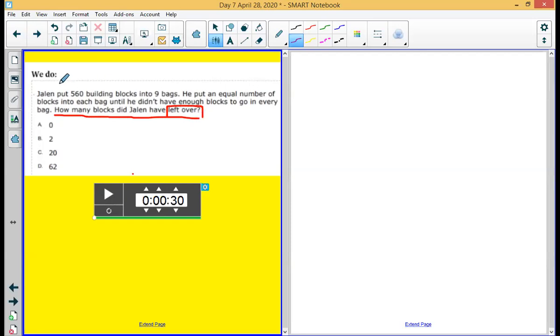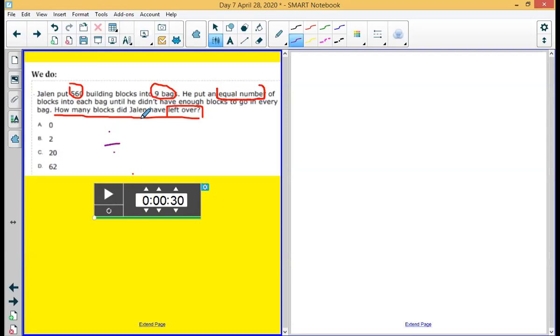So let's go back into the problem. Jalen put 560 building blocks into 9 bags. So he's separating 560 blocks and putting them separately into 9 bags. That tells me he's going to do some type of division here. He put an equal number. Equal number is important.